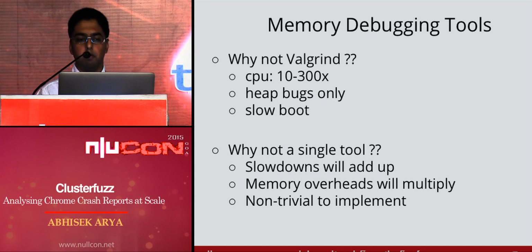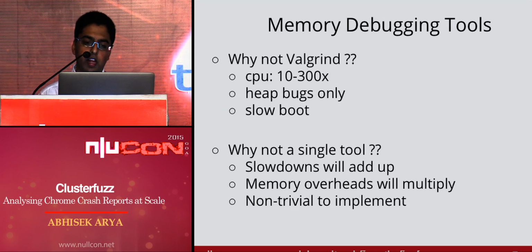These, and the ones that I will talk about in the next slides, were developed in-house at Google by Kostya's team. And these are all based on compile time instrumentation, so they are really fast. The first one is the AddressSanitizer tool. That is the father of all the sanitizer tools.